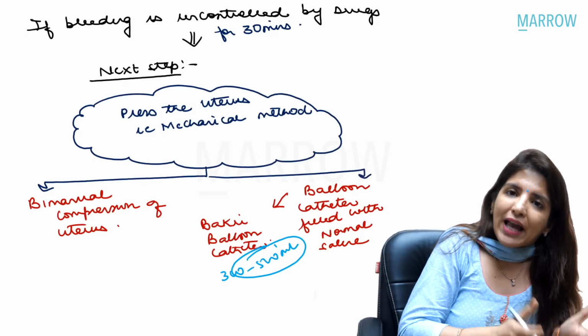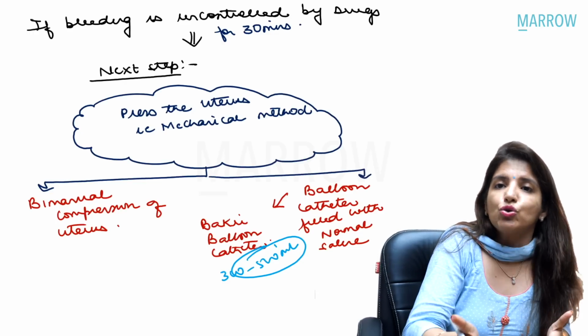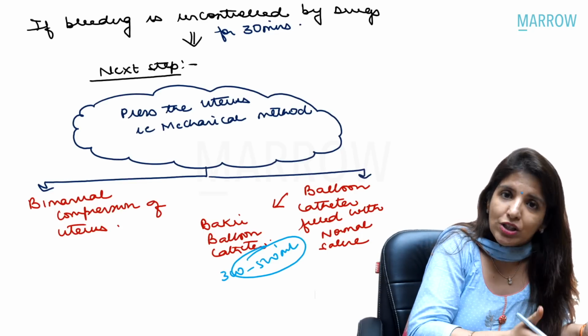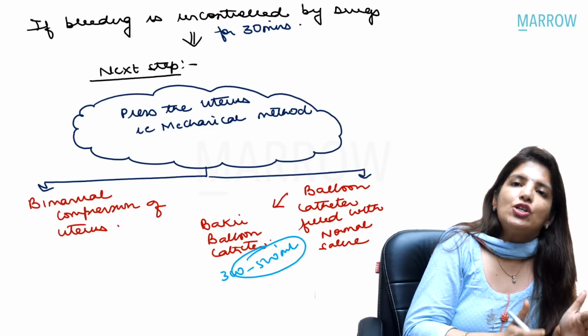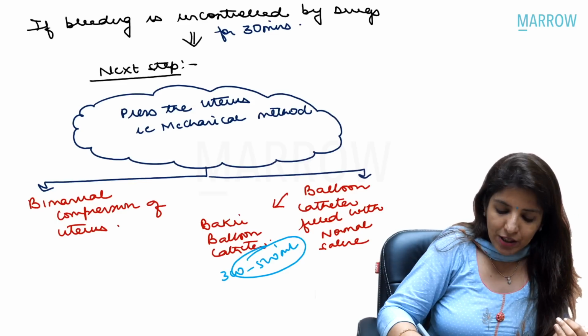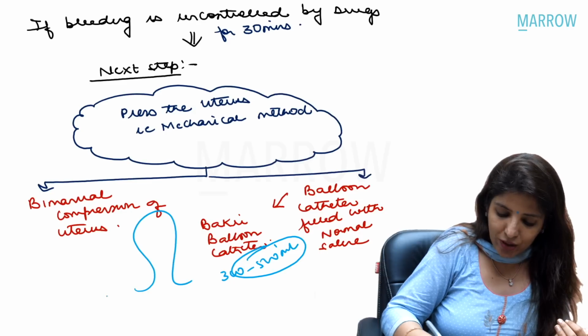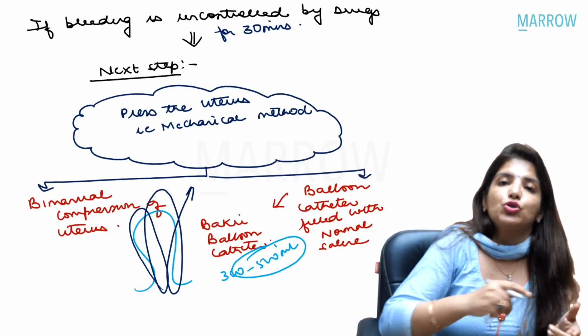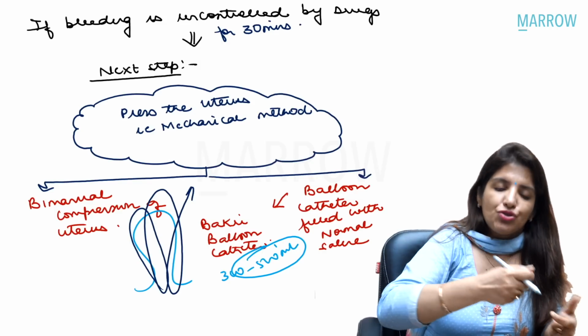Now, suppose mechanical methods also fail, then you go to surgical methods. The surgical method, if the family is complete, is hysterectomy. If the family is not complete, number one, you can use sutures like B-Lynch sutures. In B-Lynch sutures, what are you doing? You are giving sutures like this antero-posteriorly along the entire length of the uterus and tightening it.